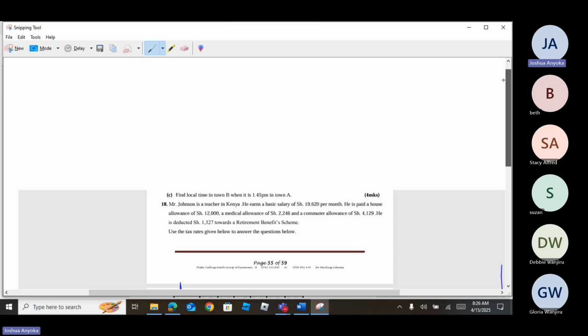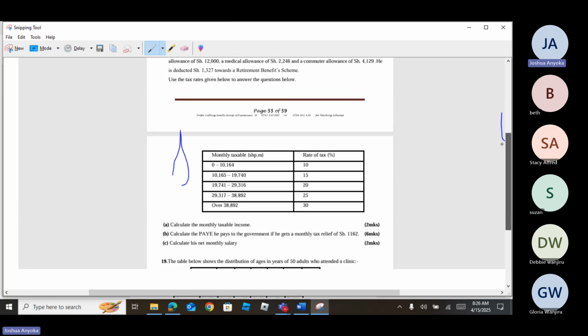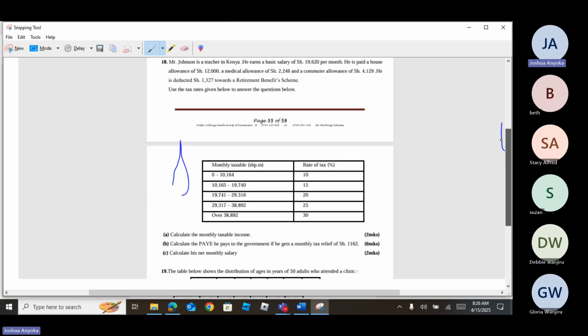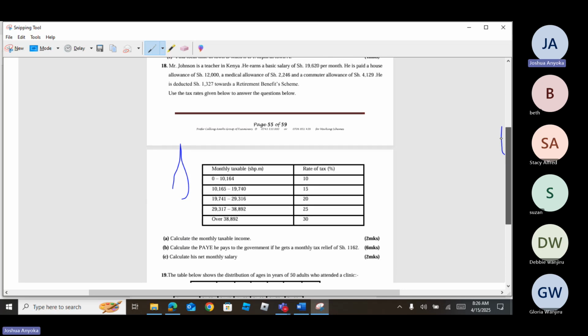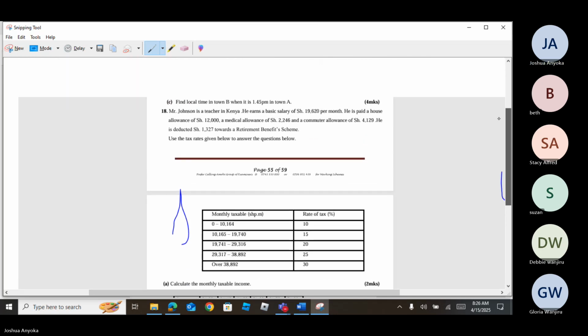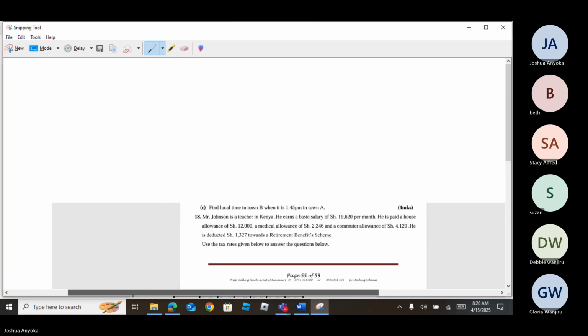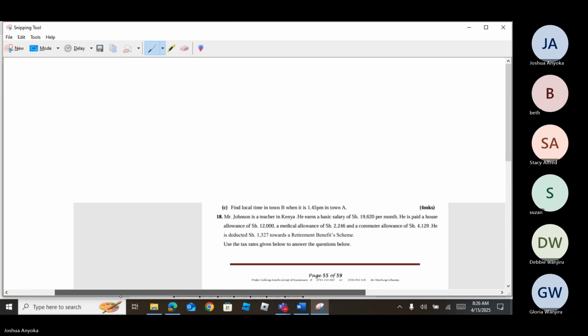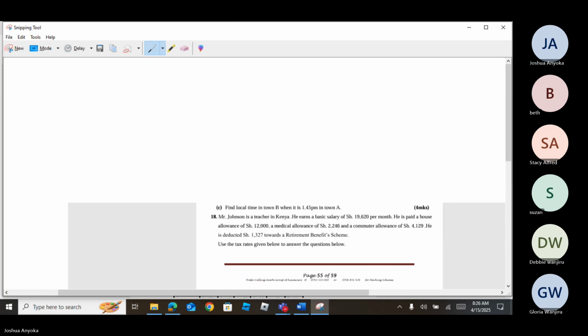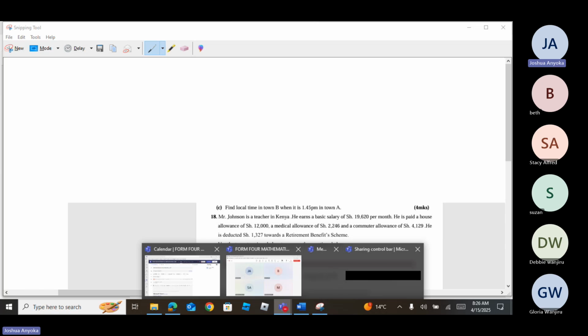Our first question, we are told to calculate the monthly taxable income. When we want to check on taxable income, we check on two aspects.